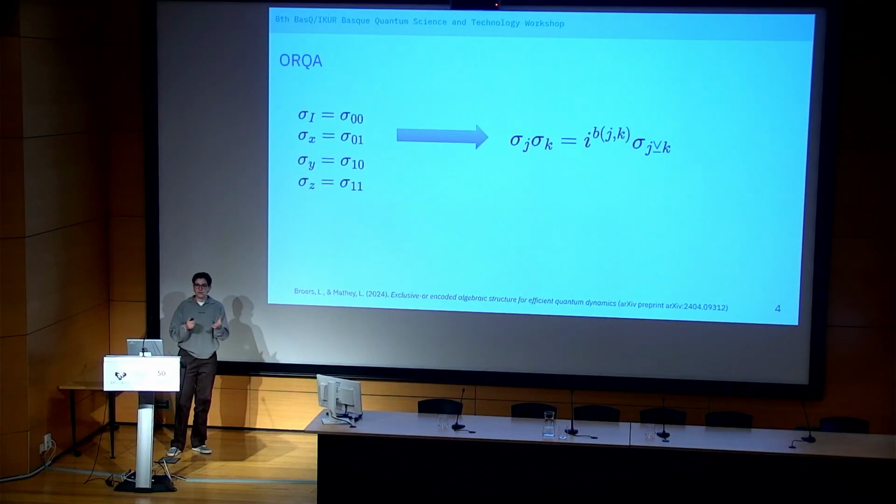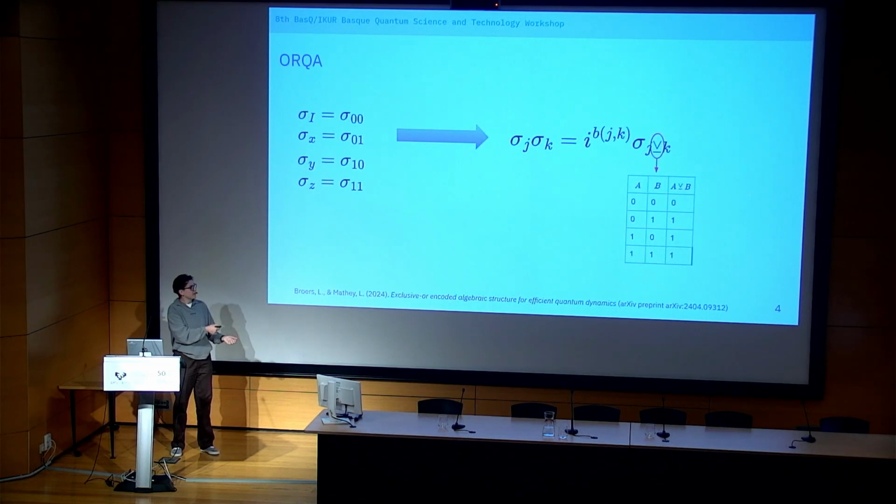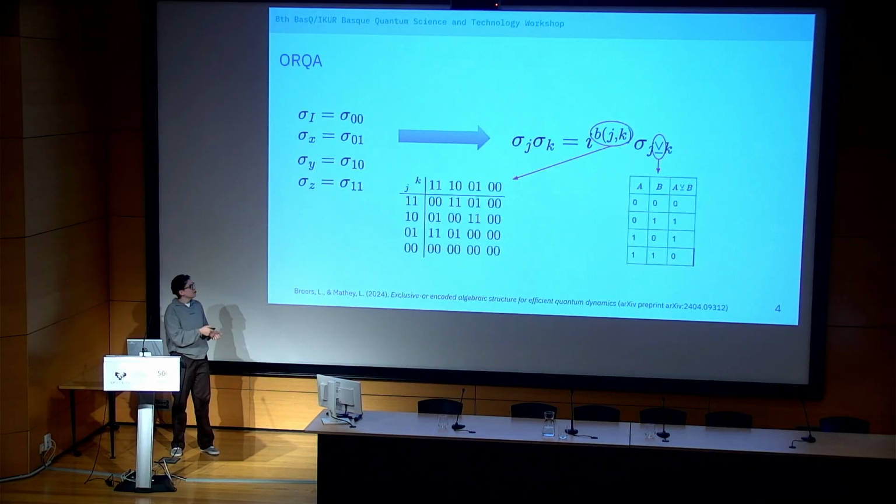So we can rewrite the operations of these Pauli matrices in terms of bitwise operations. In this case, for example, the product of these two Pauli matrices would be given by this expression, where we have the exclusive OR bitwise operation, which is an easy operation, and to recover the phase, that is just a function that is given by a table like this, where we just have to look for the number and convert it to decimal basis, and it will give us the phase.